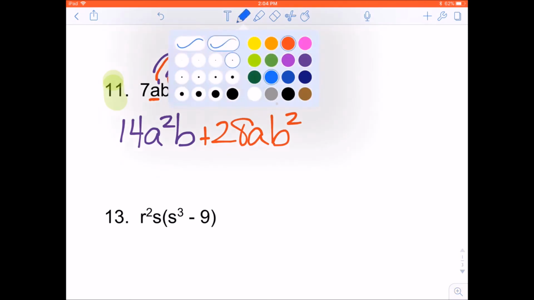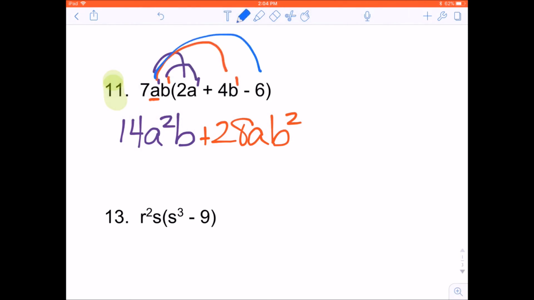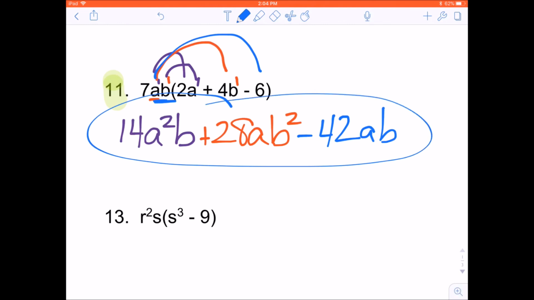And then our last one here. Start with your coefficient, your big numbers. 7 times negative 6 is negative 42. And since there's not an ab to multiply to another ab, we just simply put that in the problem. And yes, you could pick a random number for a, pick a random number for b, store that, type in your problem, type this guy in, and you should get a match.